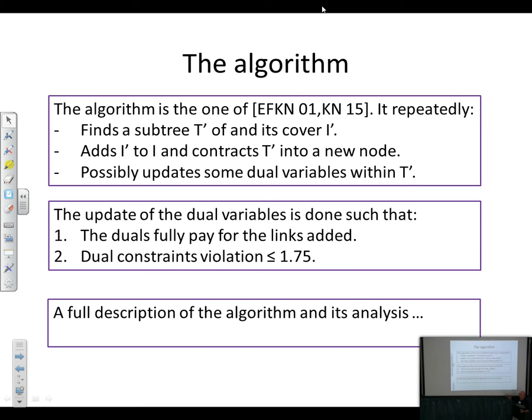We raise some dual variables in a way so that we won't violate the dual constraints by much. The update of the dual variables is done such that the duals fully pay for the links added, and dual constraints are violated by some factor smaller than 2, in this case 1.75. So now I'll give a full description of the algorithm and its analysis, but of course not now.